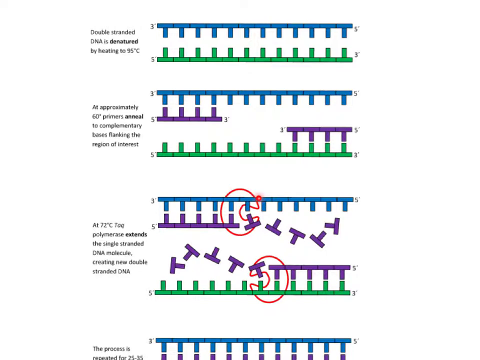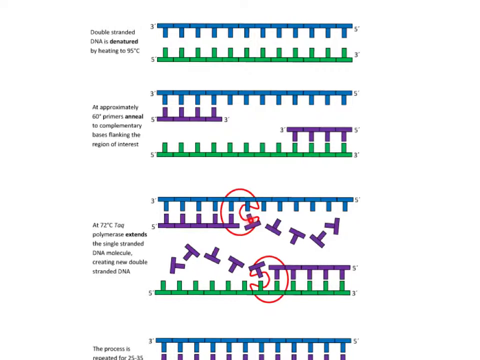Okay, so this mixture of our DNA, our primers, our free nucleotides, and our DNA polymerase is all put into a special machine called the PCR machine. Just one thing I ought to add to that is the DNA polymerase that we use in here is a special DNA polymerase which is extracted from thermophilic bacteria that we find in hot springs.